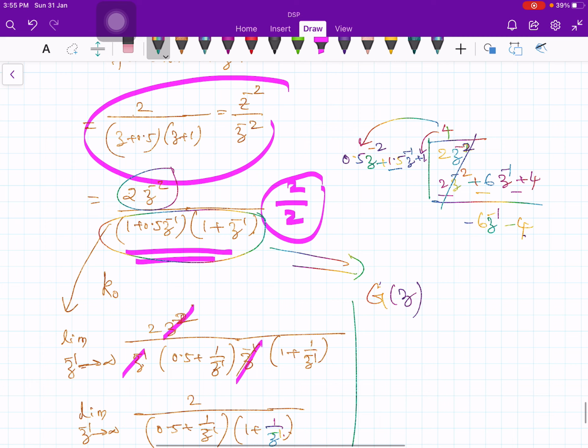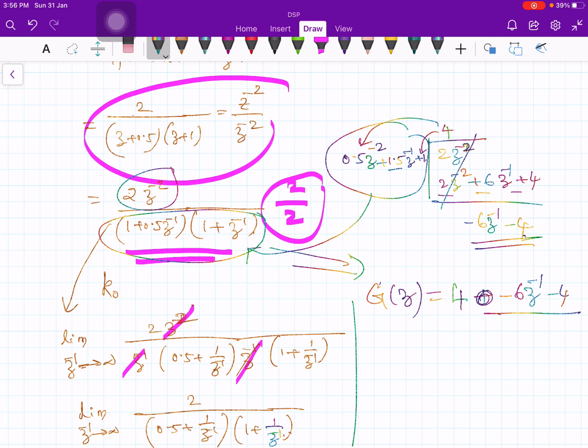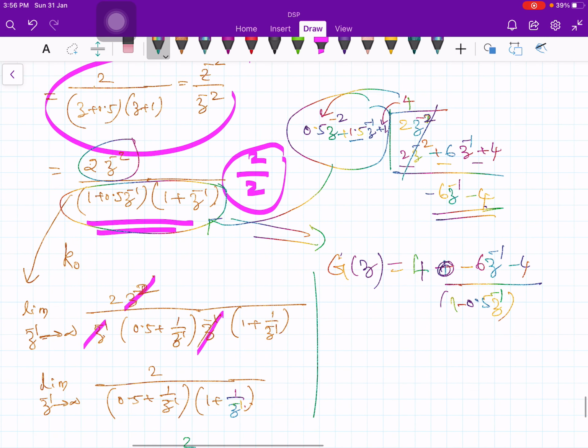Therefore g of z is equal to, what is the constant term? 4 plus the numerator, which is minus 6 z inverse minus 4, whole divided by the denominator term. The denominator is nothing but once again the multiplication of these two factors, 1 minus 0.5 z inverse times 1 plus z inverse.